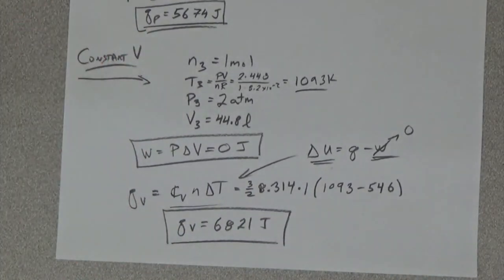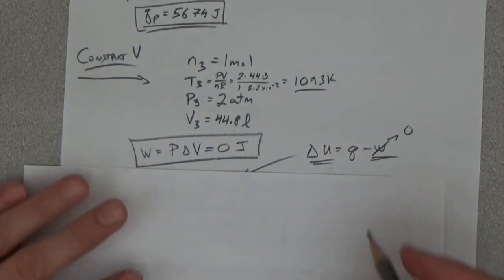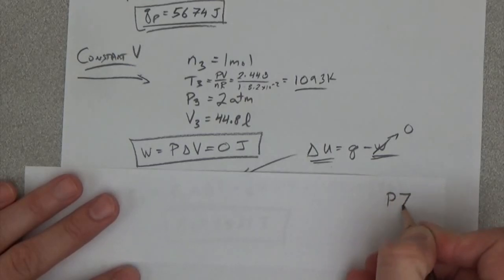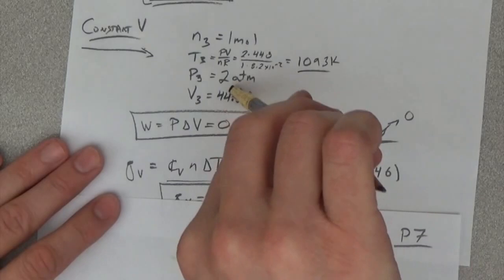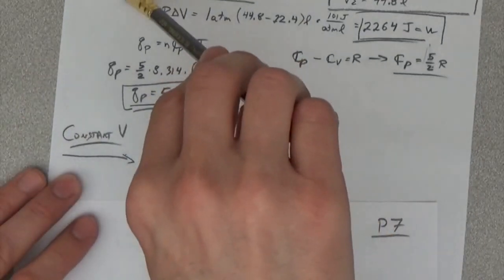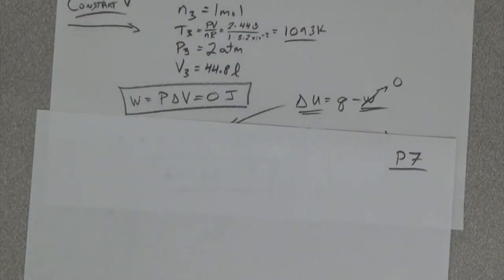Okay. And then the next step is to transform this back to state 1 along a path.